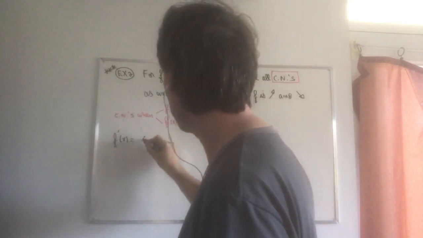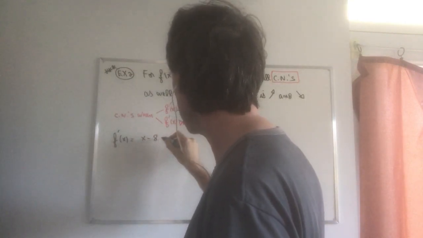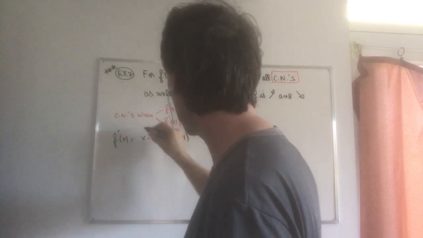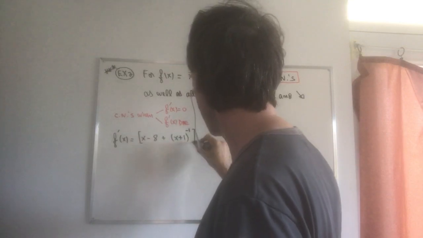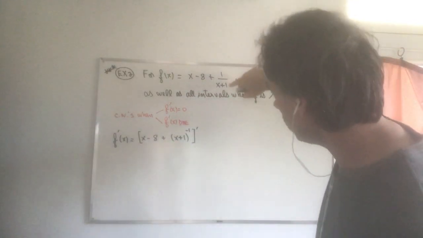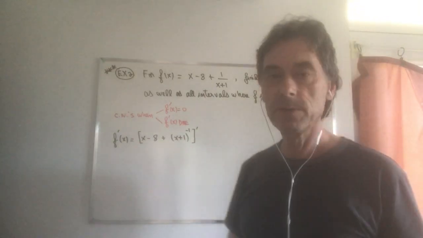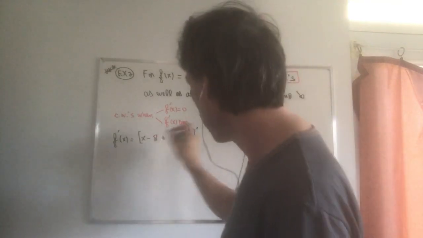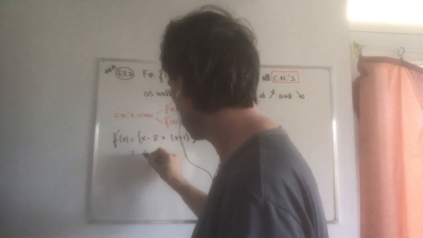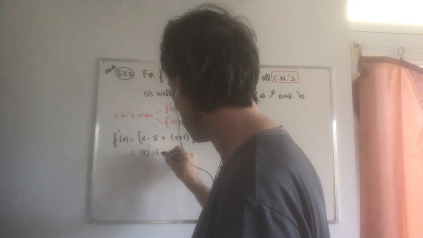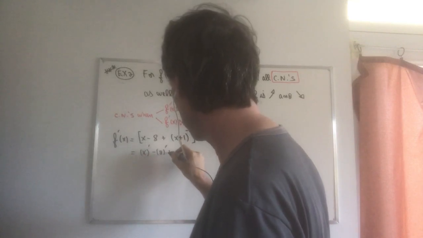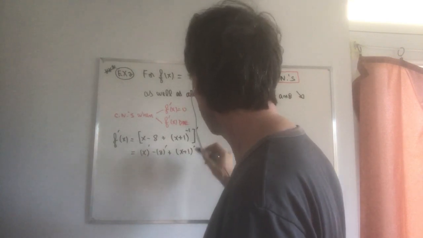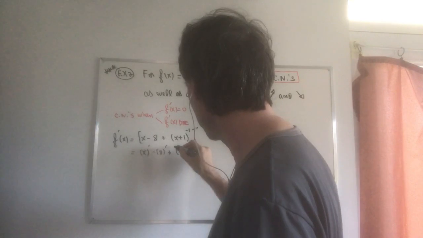Well, it's the derivative of x minus 8 plus x plus 1 to the minus 1. I simply brought it up because I'm going to be using chain rule on this. It's going to save me time over doing the quotient rule. So it's a plus or minus rule: x prime minus 8 prime plus x plus 1 to the negative 1, prime.